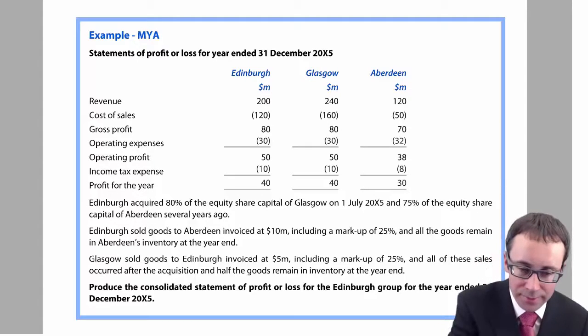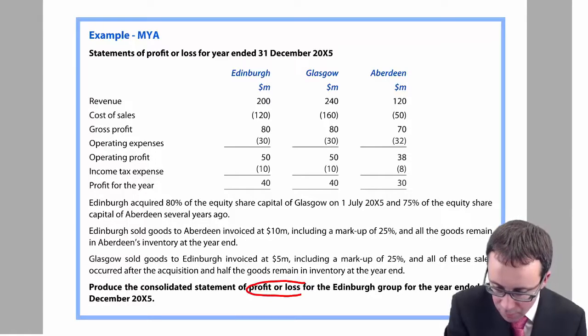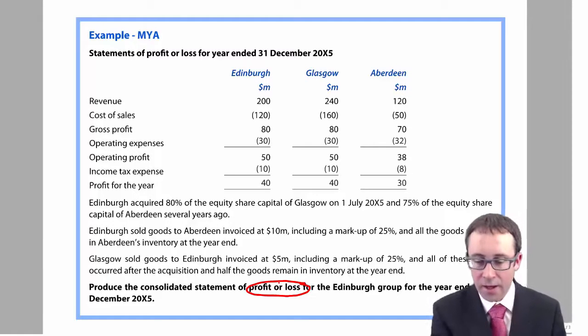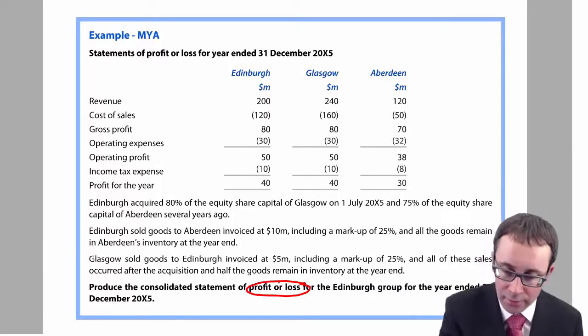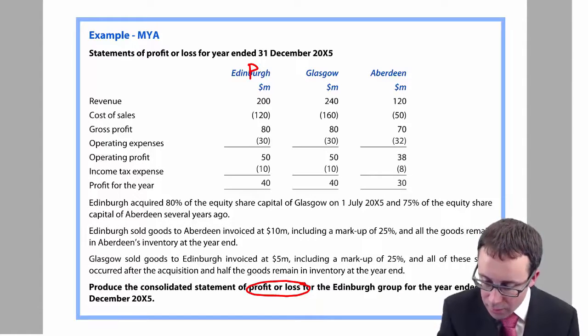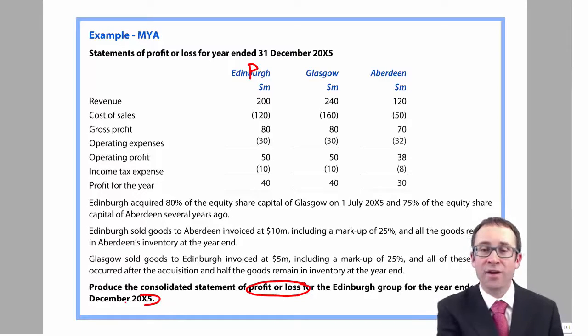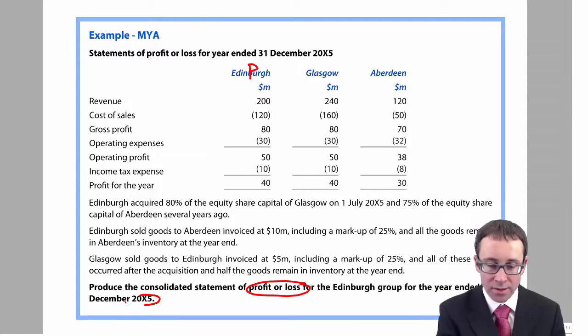So here, as we've said, it wants us to look at the statement of profit or loss for the Edinburgh Group. So Edinburgh must be the parent, and it wants it for the year ended the 31st of December 20x5. So we know Edinburgh's the parent.